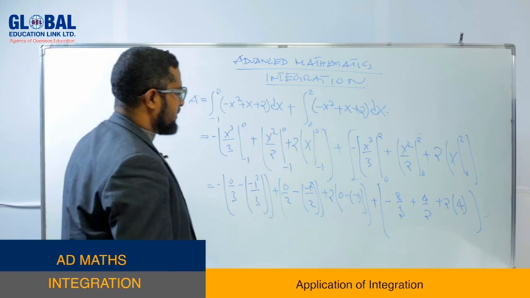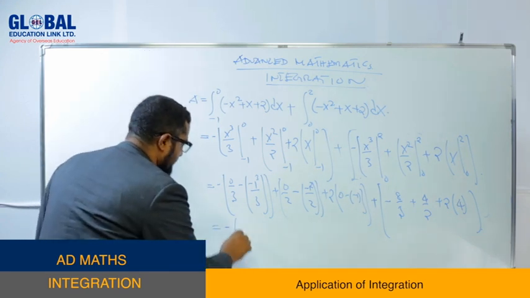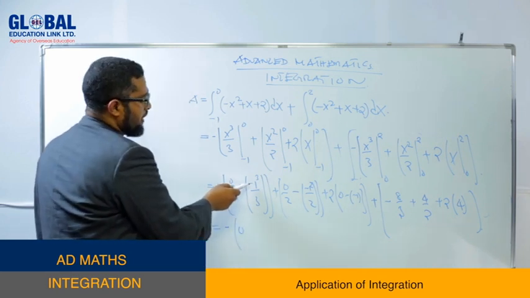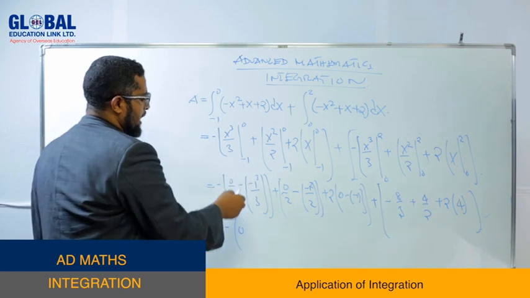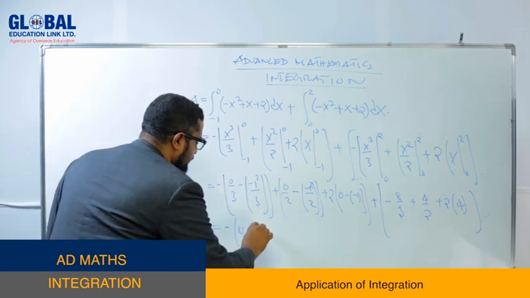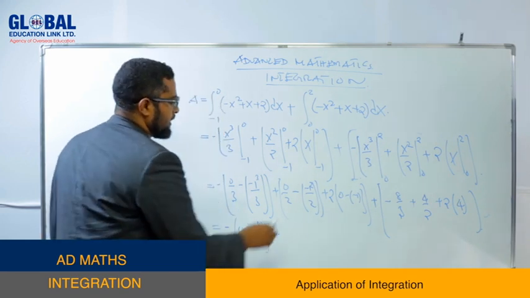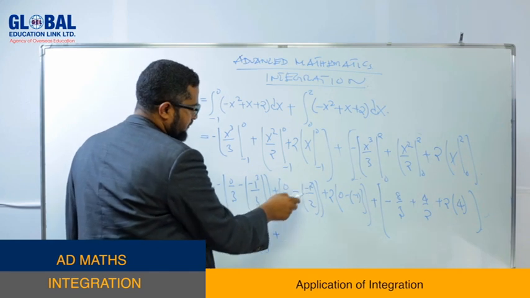Now from there, keep on simplifying. You'll have negative, this one will be equal to 0. But here we'll have negative 1, negative and negative. When they combine, they make positive 1 over 3. Then plus again, this negative 1 squared is positive.